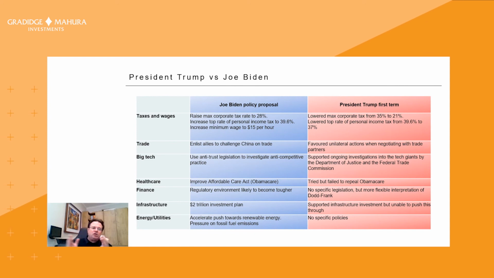In terms of the relationship with China, it'll change. Remember, Trump has been very antagonistic to China, and I think that's been negative for the world economy. Biden will be slightly more positive, but he's not going to go easy on China because he realizes there's broad support for pushing back against China. So he will continue on with this fight against China, but he will do it in a different way.